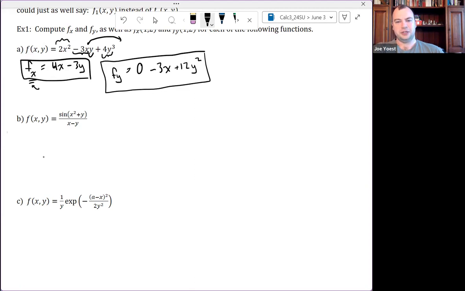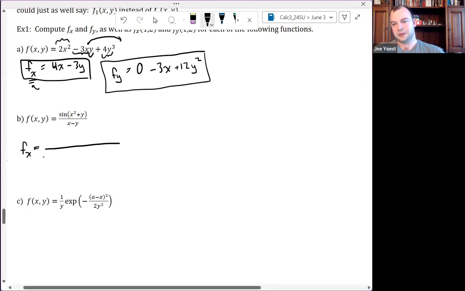Okay, so what about this function? F of xy equals sine of x squared plus y divided by x minus y. What's df dx? Well, here I have a function of x over a function of x. I have to use the quotient rule. So I have a bunch of stuff over the bottom squared.